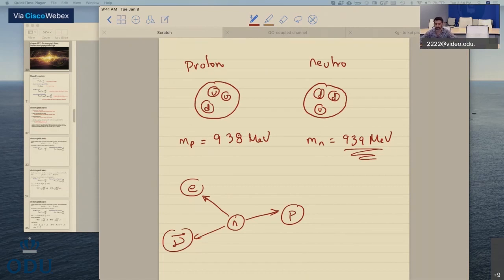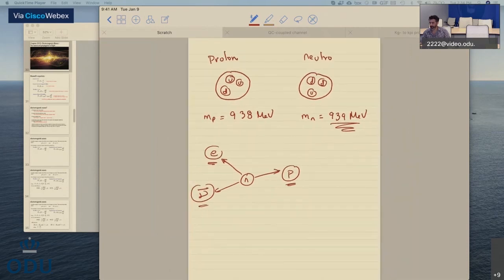And so for this decay to be possible, the electron has a non-zero mass, right? The neutrino, it turns out, has a tiny little mass, but it's non-zero, but it's tiny. But the proton has a non-zero mass, obviously.